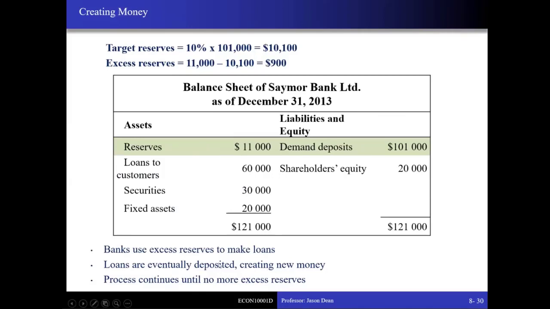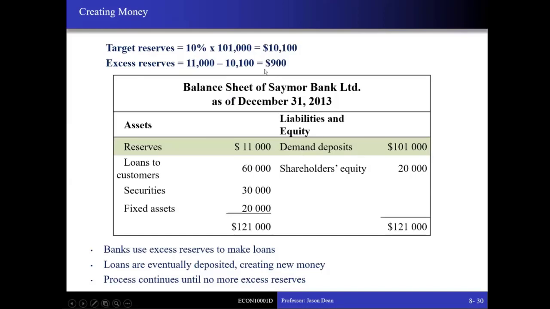So let's think about what's going to happen, just talking about this in general. Suppose this $900 is lent out to another customer at the bank. When they make this loan, they're going to be crediting the demand deposit to make that loan. So that's going to increase this.